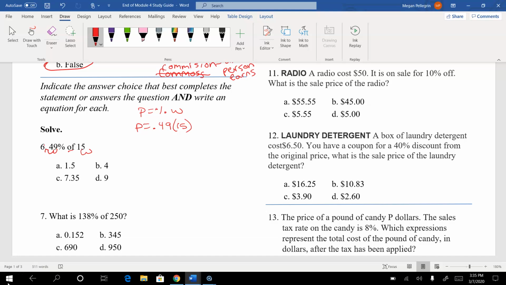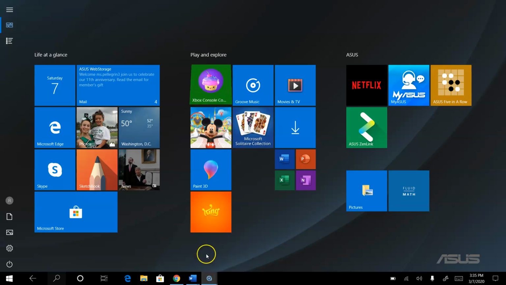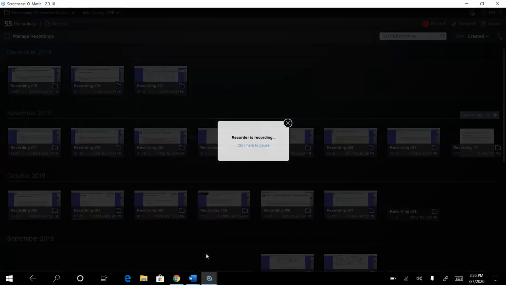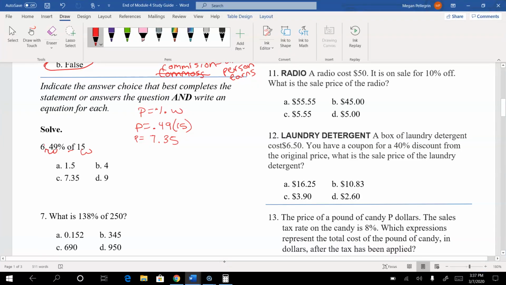And so when we do 0.49 times 15 in our calculator, we get P is equal to 7.35. Okay, so we see that C is our answer.